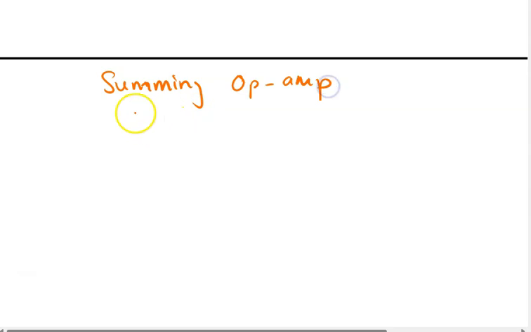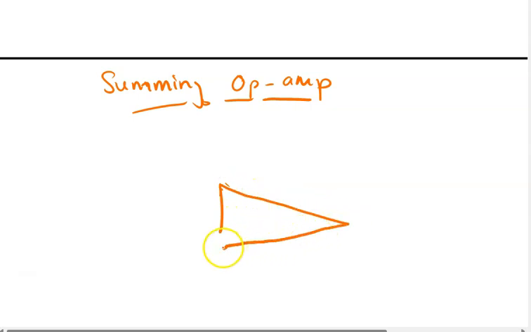Summing op amp, right? So with a summing op amp, ideally one side, which can be the inverting side, has multiple inputs, and the non-inverting side is normally connected to ground, right?